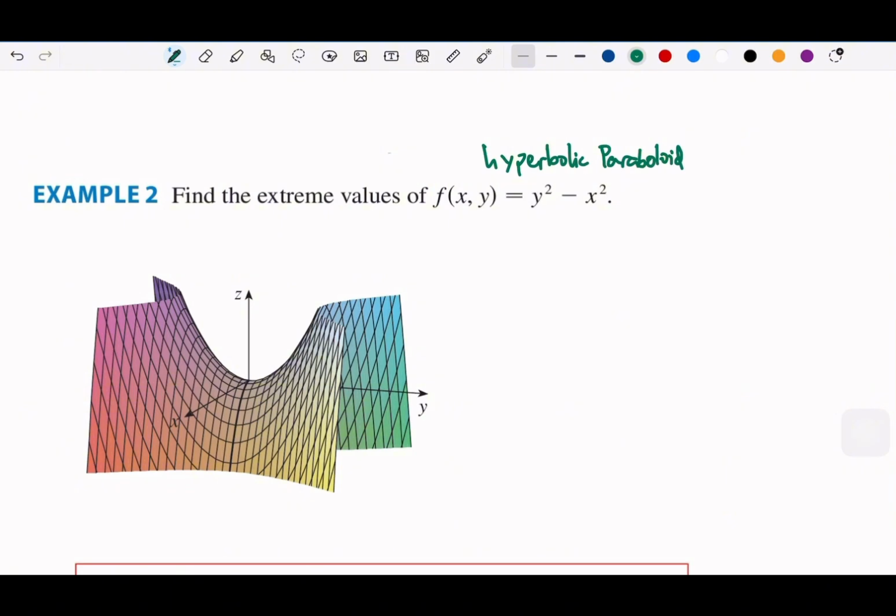Is it maximum or minimum? It is not both of them. It's called the saddle point. Okay? But the way we calculate this, it's also a critical point. So here we have the one that's called the saddle point.